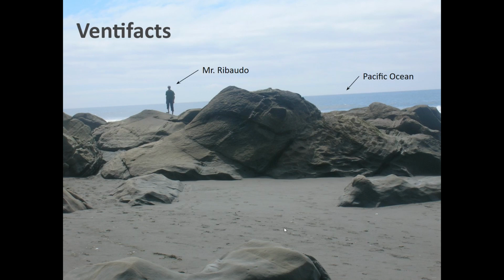This is a picture of me on top of what's called a ventifact. This is right along the Pacific Ocean up in Washington State. You can see along here, this rock is all chewed away by the sand that's getting picked up and driven against the rock.